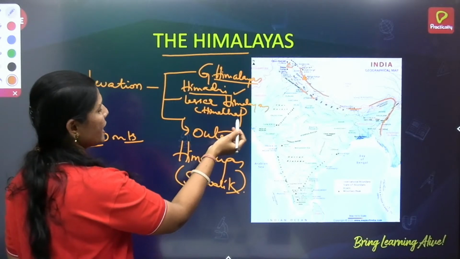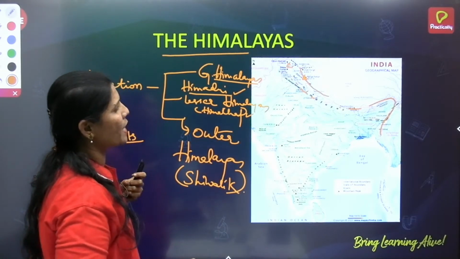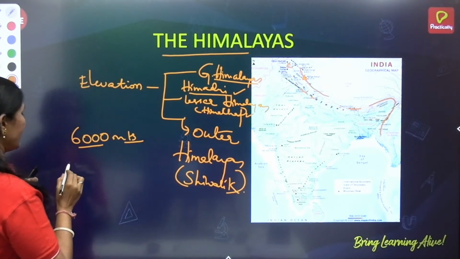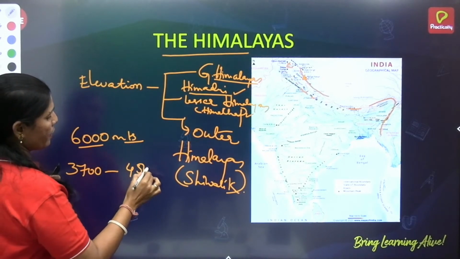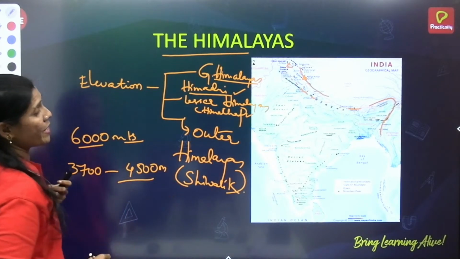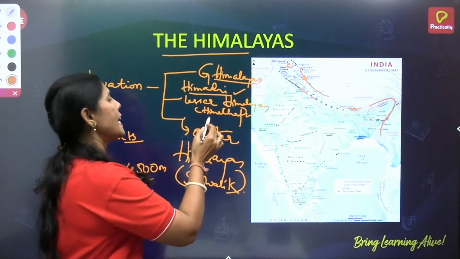Coming to the Lesser Himalayas or the Himachal region, areas with an elevation of 3,700 to 4,500 meters are considered Lesser Himalayas.